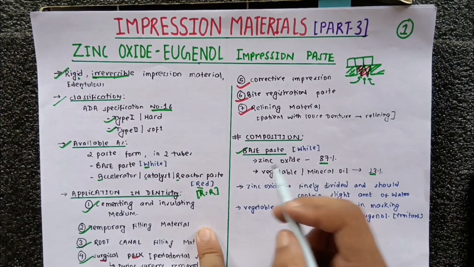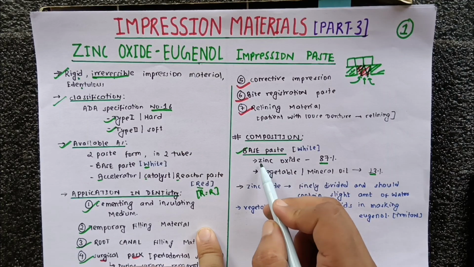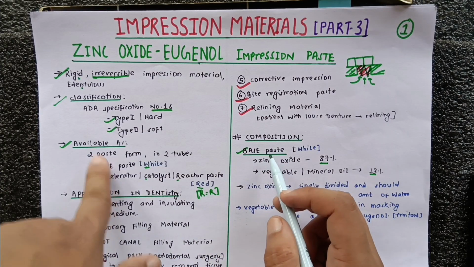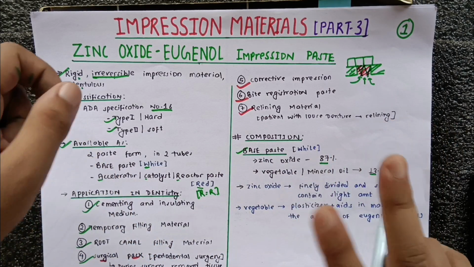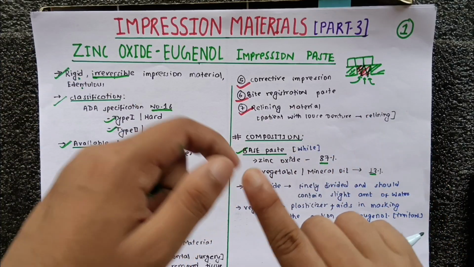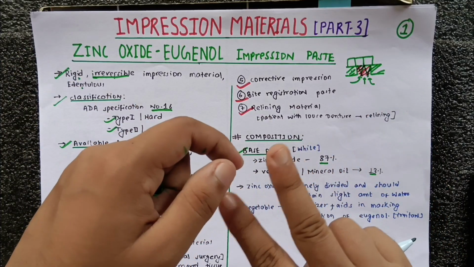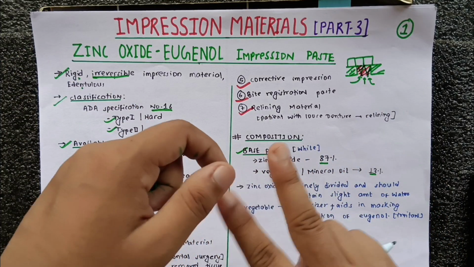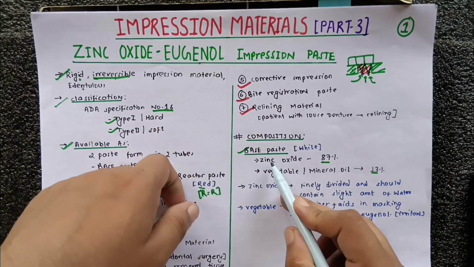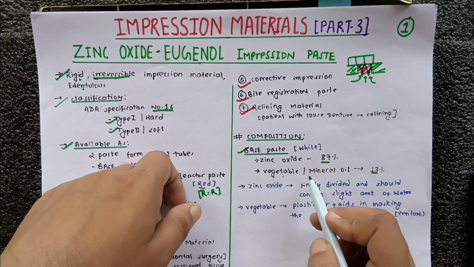After that, let's discuss this. As I have told, it is available in two paste forms: one is a base paste, another is an accelerator paste. In the base paste, we have zinc oxide and a vegetable or mineral oil.